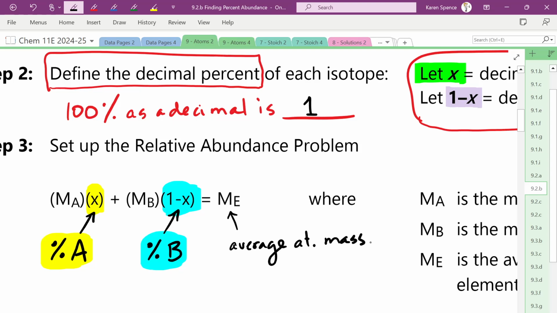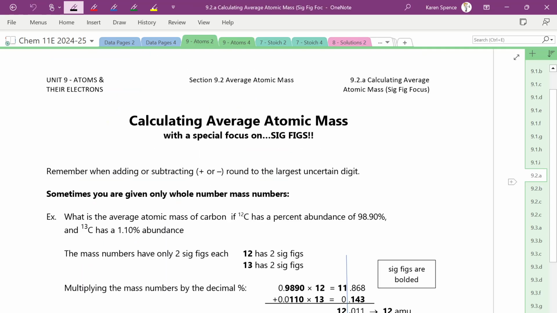Does this look like the same formula that you used to find the average atomic mass? Let's go back and look.